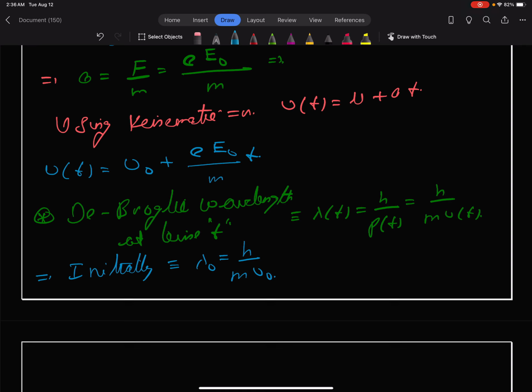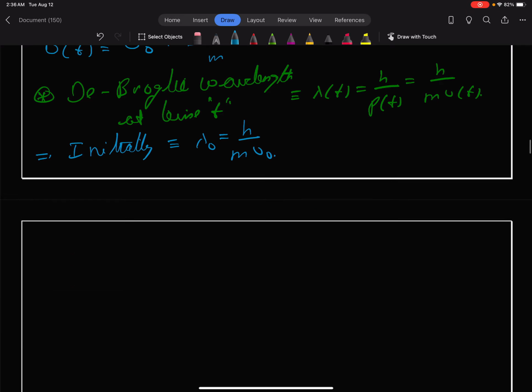And therefore we can write that our lambda t will be equal to h, and we have this as mass, substituting the equation for v of t, which is v naught plus E naught upon m times t.